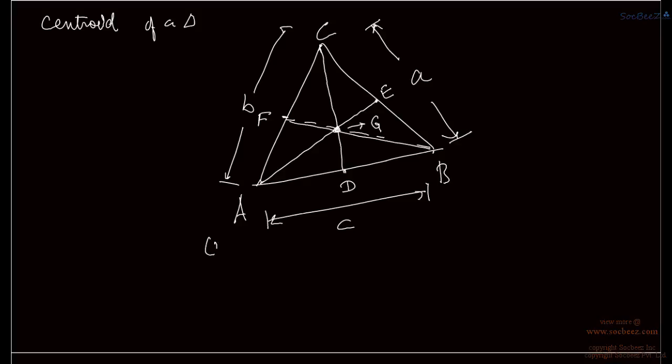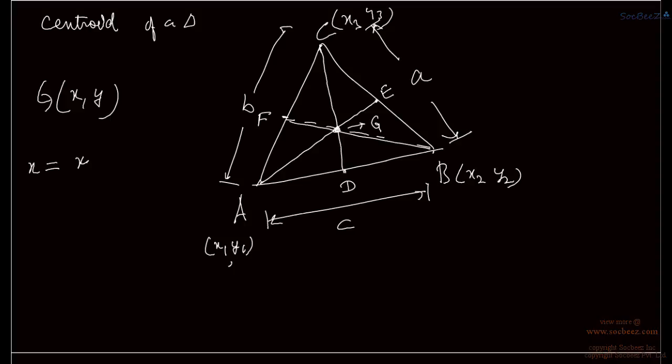So if we know the coordinates of the vertices, that is x1 y1, x2 y2, and x3 y3, we can easily calculate the centroid G at (x, y).